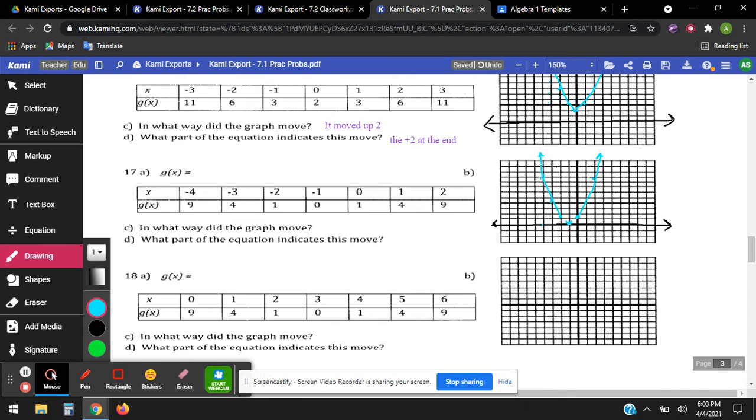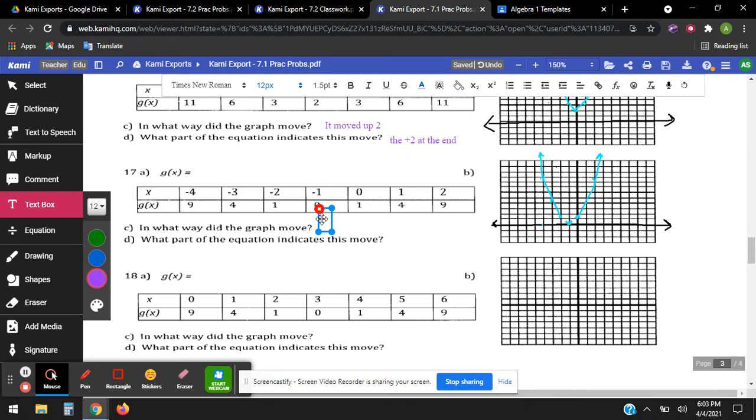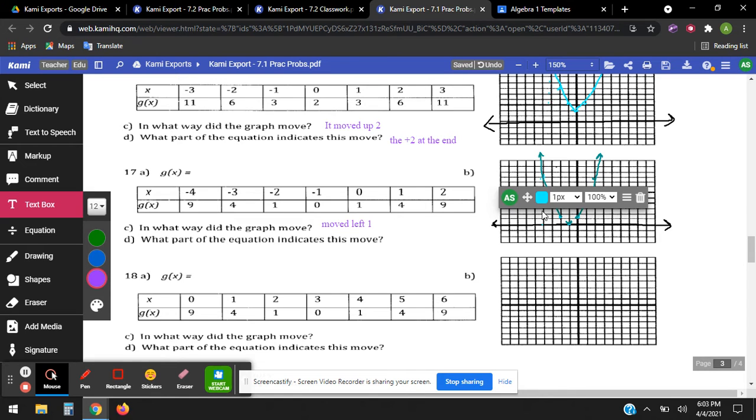All right. So in what way did the graph move? It looked like it moved to the left 1. So moved left 1. So to get that over to a -1, remember we had to get what's inside the parentheses to a 0 to get y to equal 0.